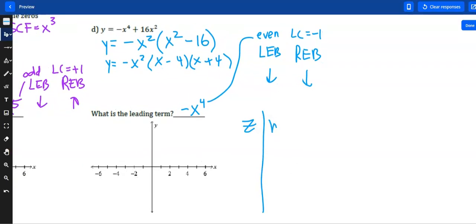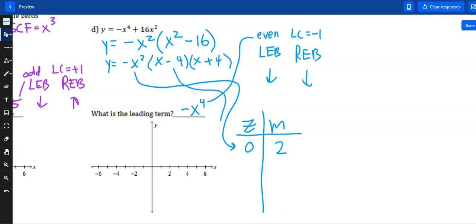Zeros and multiplicities? Well, let's see. The first one is 0, right? When you set that equal to 0 and solve, divide by -1, take a square root. And that occurs twice. The next one, that's a 4, and that occurs once. And the last one is a -4, which occurs once.